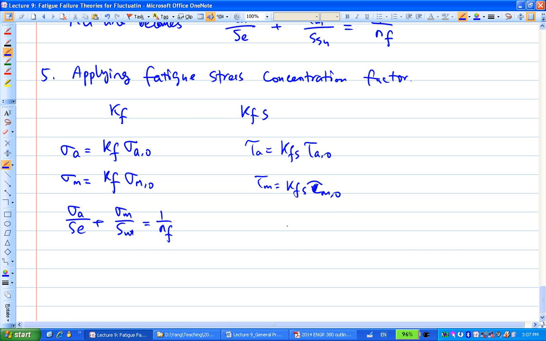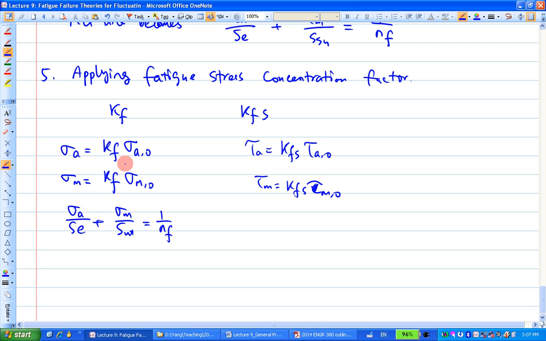What I would suggest is that we all stick to this way. We're going to apply this Kf to both of these nominal values and then substitute into the design equation. There's a meaning actually: when you do this, you're designing not just to prevent fatigue failure, but also to prevent local yielding. In the textbook, there's one short section discussing how the Kf should be properly applied.